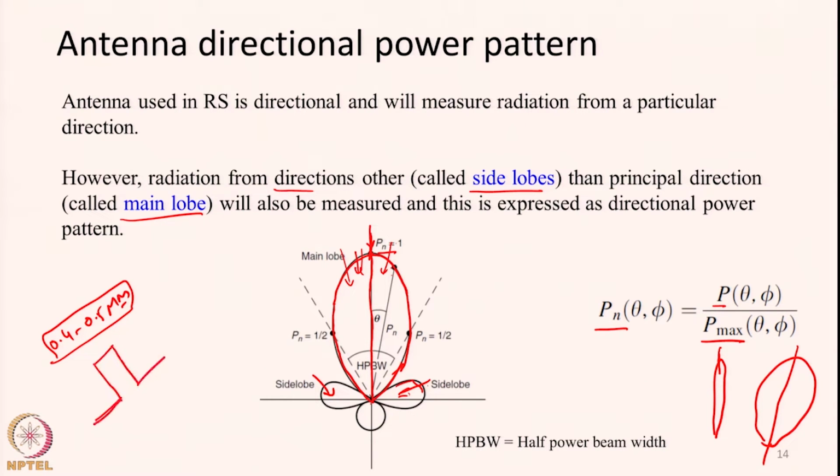All the energy less than 0.4 is not sensed, all the energy greater than 0.5 is not sensed, all the energy between 0.4 and 0.5 is sensed completely. This is the relative response function, here it is 1, here it is 0. This is what we will normally think, but essentially what will happen, the sensor may work something like this.